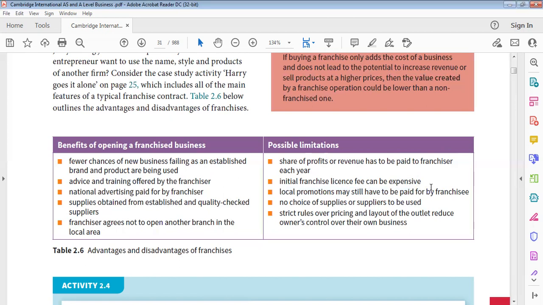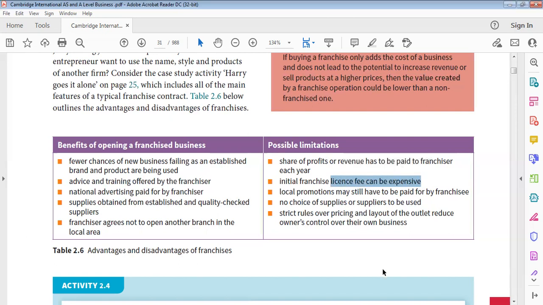So just imagine you are earning $100, but you're giving $60 to the original McDonald's, and you only keep 40. So that is a problem. But it's not the same for every company. It really varies. It might even vary from year to year. It's not fixed.